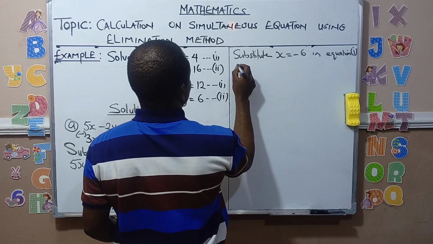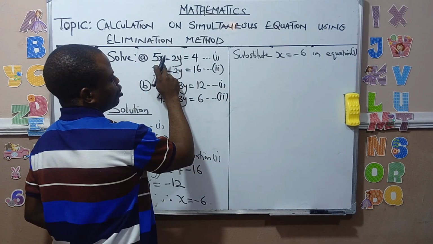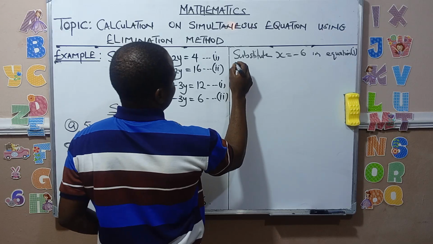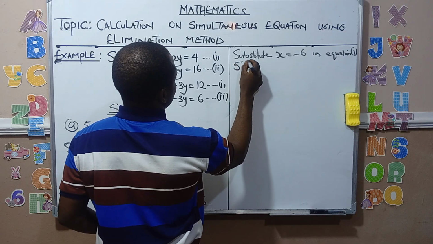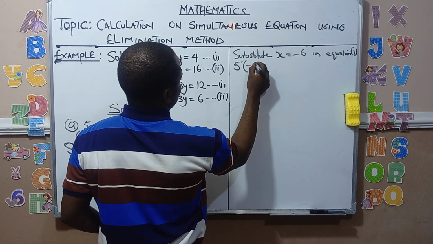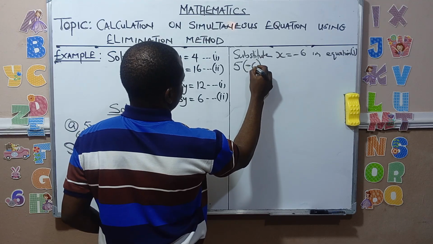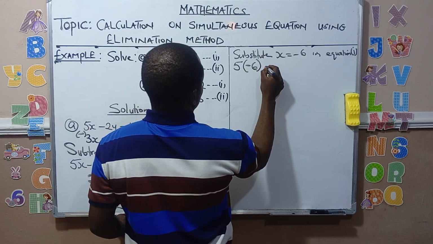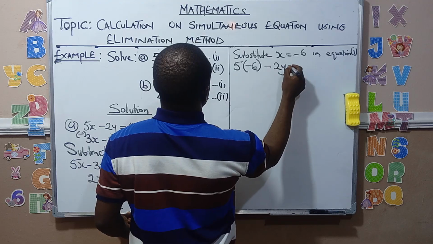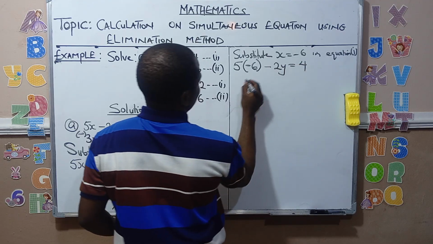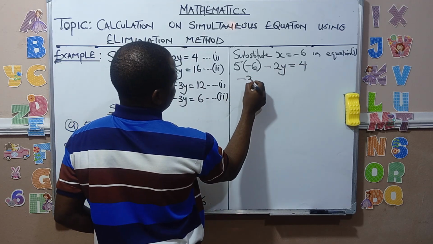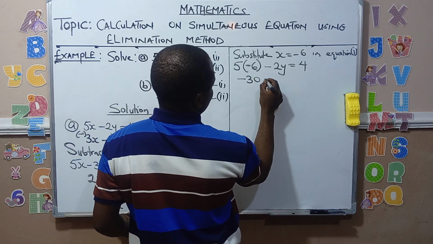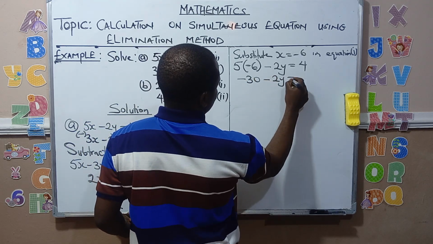When you do that, you have 5 times minus 6, minus 2y equals 4. 5 times minus 6, that's minus 30. Minus 2y equals 4.